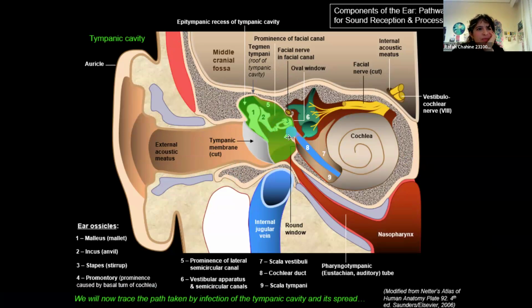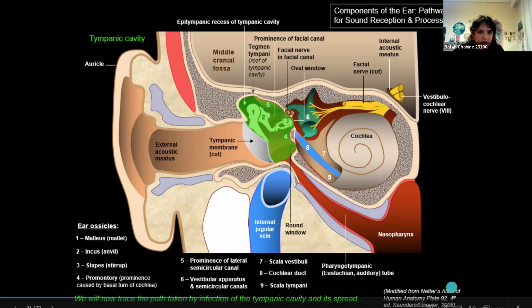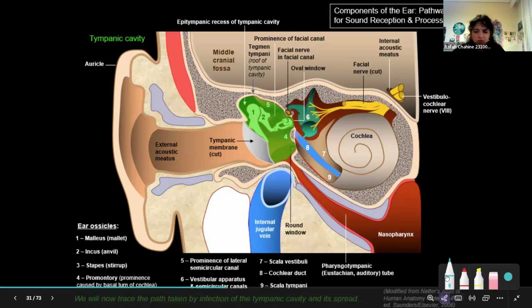Then we have the promontory, which is the bulge that the cochlea makes on the labyrinthine or medial wall. Then this is the prominence of the lateral semicircular canal. You can't really see the lateral semicircular canal here unless I draw it out for you.